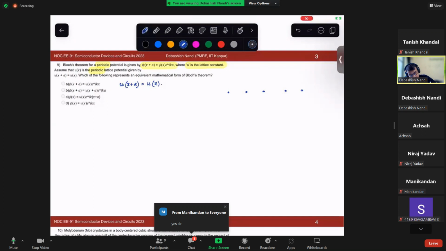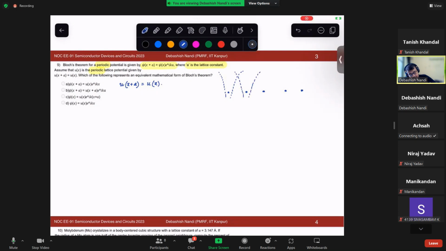So what potential are we talking about? You remember in the Kronig-Penney model, these are the nuclei of the atoms, and we had the potential profile like this. And we assume that it is an infinite periodic lattice, an infinite periodic crystal. So how will the periodic potential look?